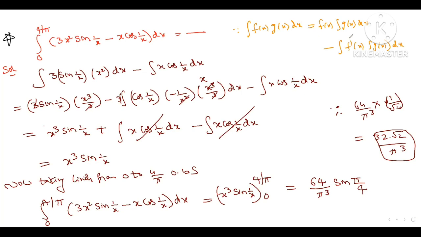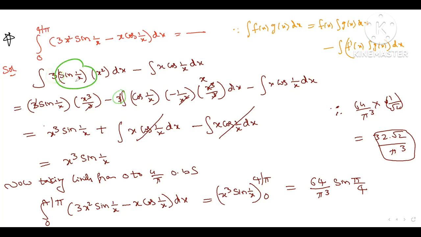This is the integration by parts formula. So according to this formula, we write here 3 sin 1 by x into the integration of x square, which is x cubed by 3: first function into integration of second function, minus the integration of the derivative of the first function. So 3 is a constant here.